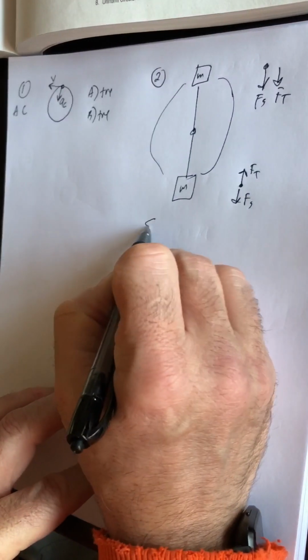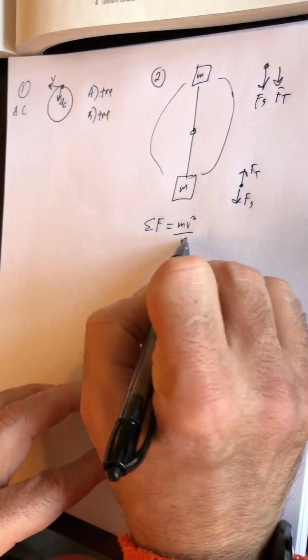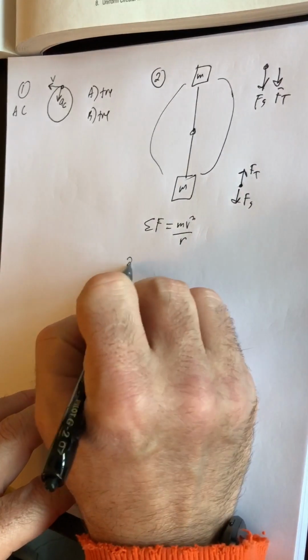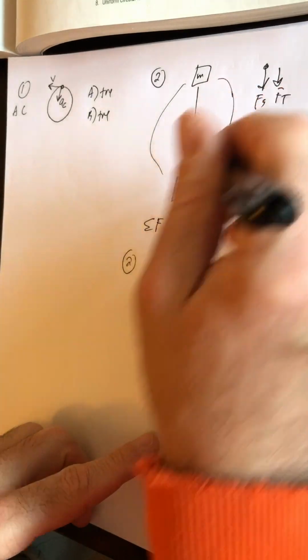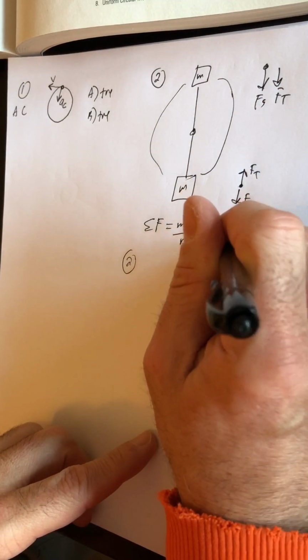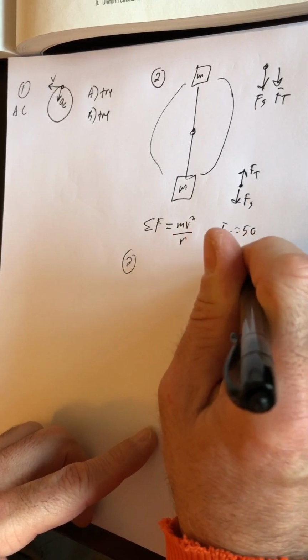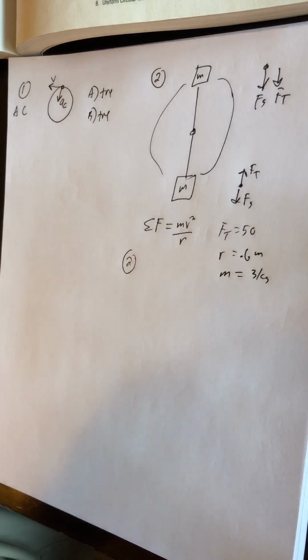In both cases, we're going to say the sum of the forces is equal to mv squared over r. So in number two, we know that the tension is 50 newtons. We know the radius is 0.6 meters. We know the mass is 3 kilograms.